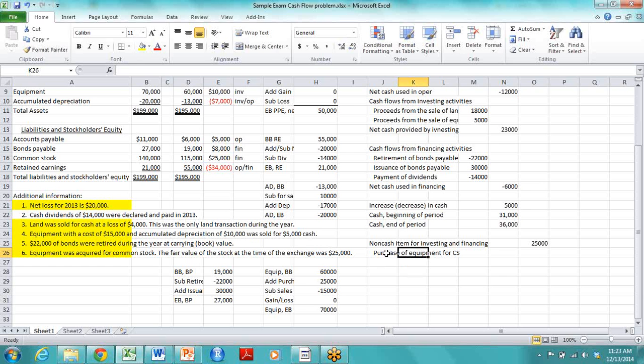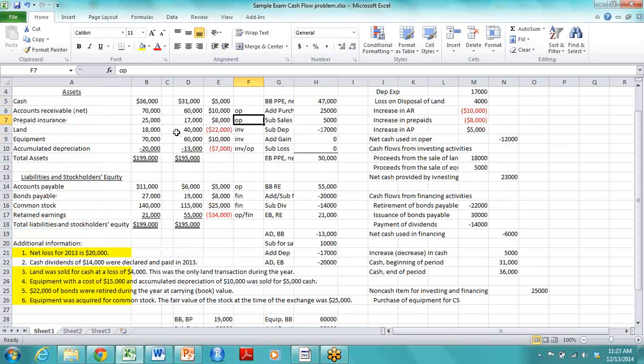It just becomes extra disclosure that if someone were to pick up your financial statements and they were to be going and looking at the changes in your equipment account, and they see the 10,000 and only see sales of equipment of 5, then this would tell them that there was also an increase in the purchase of equipment. So that's why you need to add that as additional disclosure.